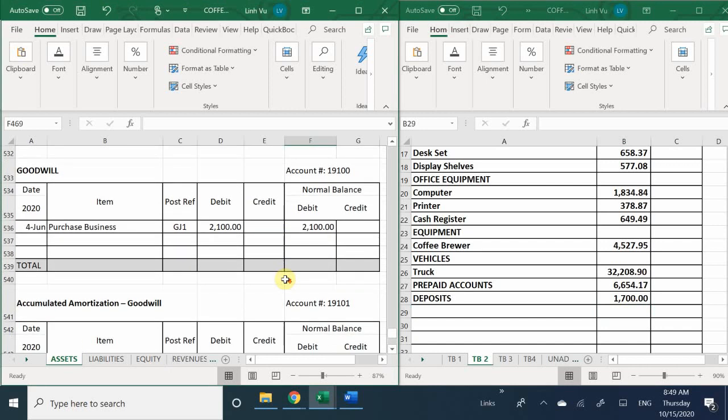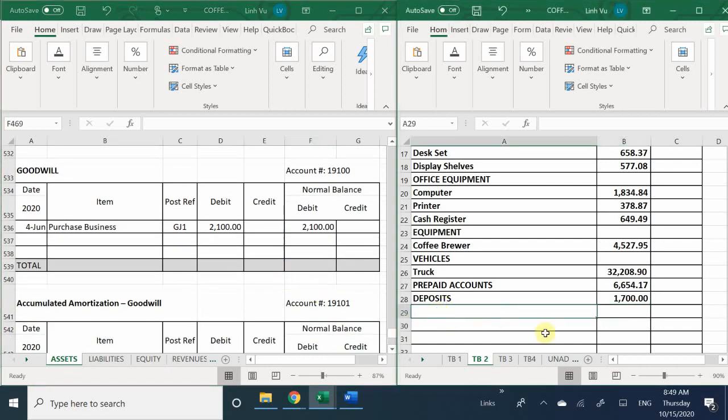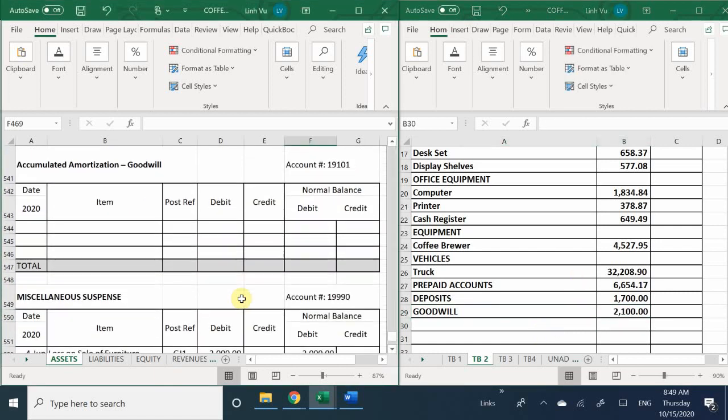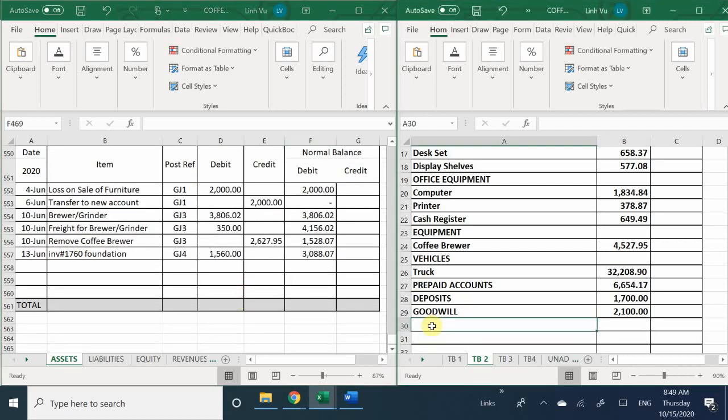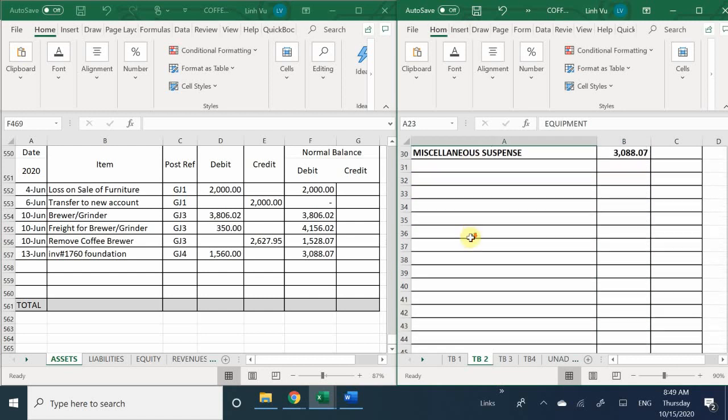We also have goodwill. When we bought the company, we also received goodwill for $2,100. Lastly, I have my miscellaneous expense, which currently has a balance of $3,088.07. Those are all my assets so far.